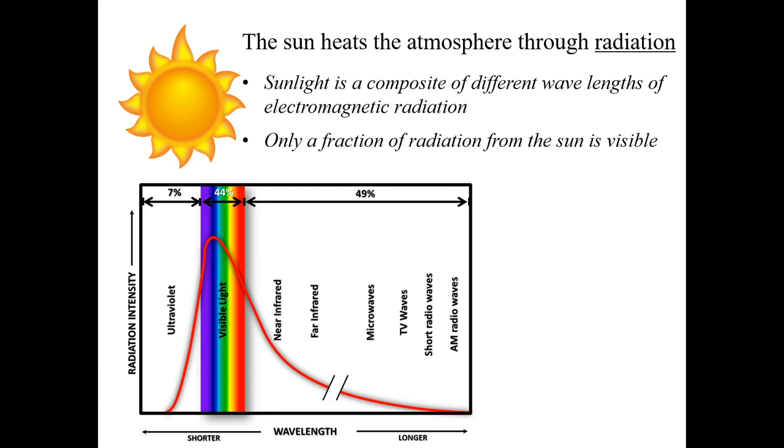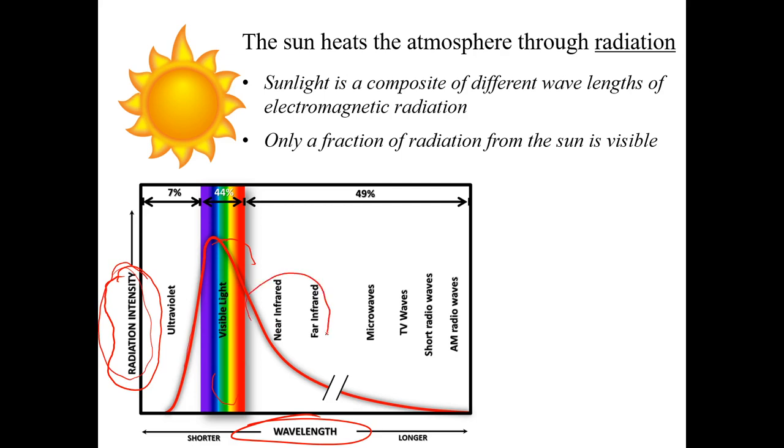So now, of course, we are heated up in the atmosphere by radiation from the sun. This is showing the spectrum of radiation coming from the sun. This is the wavelength on the bottom here, and the intensity of the sunlight over different wavelengths. Ultraviolet light is pretty powerful, but the peak is concentrated in the visible light spectrum.